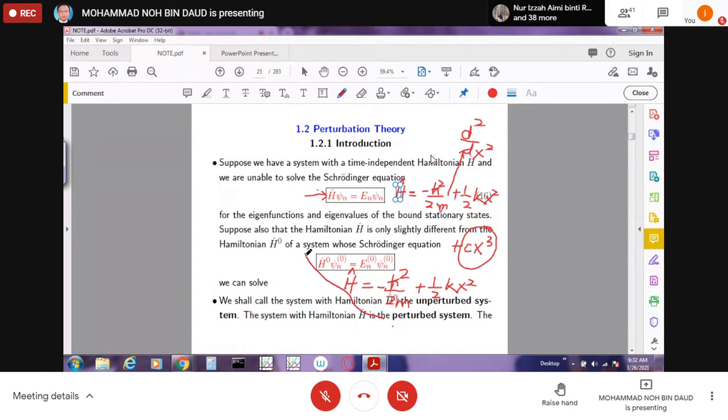When we perturb this with the cubic potential, we can say this system is the perturbed system. So now we want to know what is this E, the energy? What is this psi?